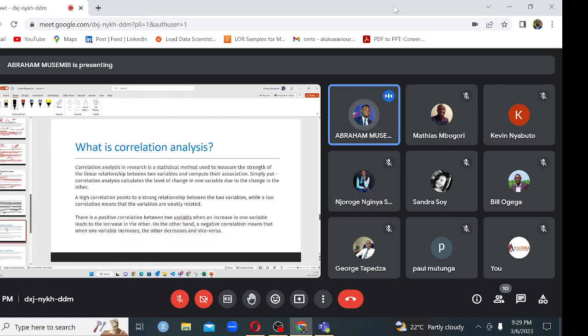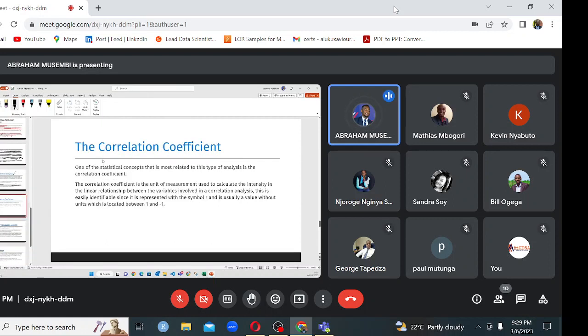The other things we've already discussed, that is the correlation analysis, about the positive correlation and negative correlation. Then we have the correlation coefficient. Of course, we remember us doing the number line, to make insights, like for example, if you get values less than 0.5, you know what that means for your relationship.